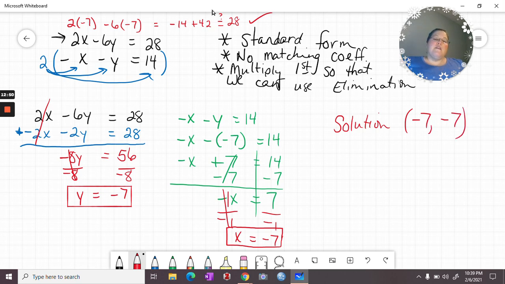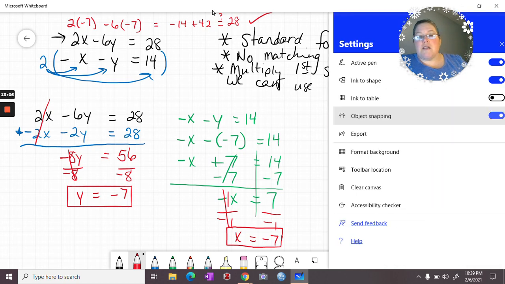Okay, so now let's work one more example, and that is our substitution method. So let's go back and look at that second example from the beginning of the video. Okay, so let me clear this out.